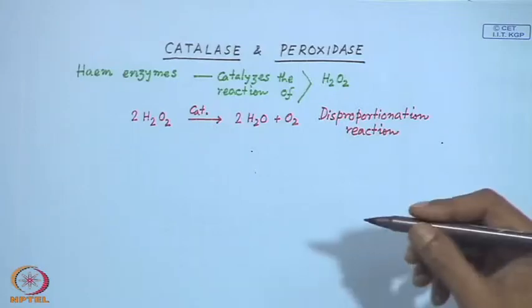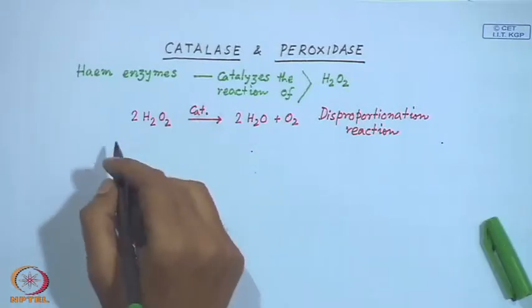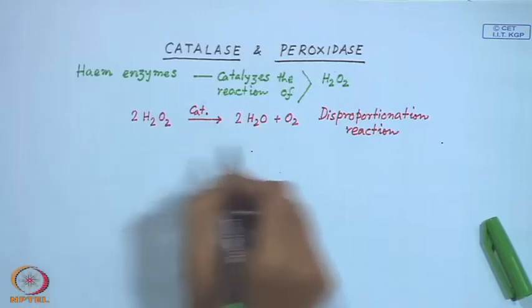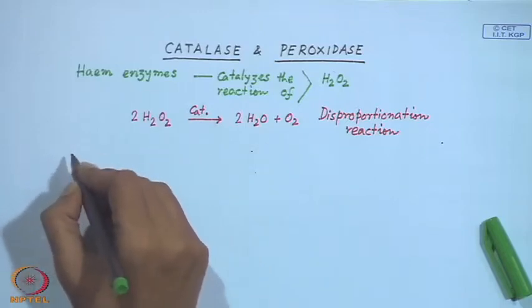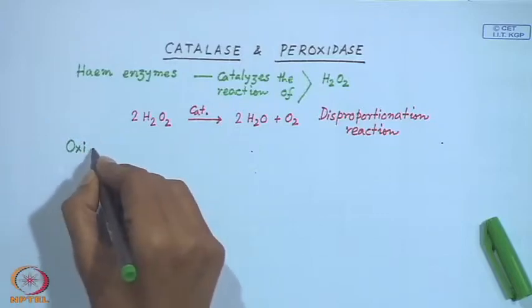So, one molecule of hydrogen peroxide is getting oxidized and another molecule of hydrogen peroxide is getting reduced, and at the same time we will see that some organic substrates or any other inorganic substrates as well can go for oxidation reaction using hydrogen peroxide. So, that is simple oxidation reaction.